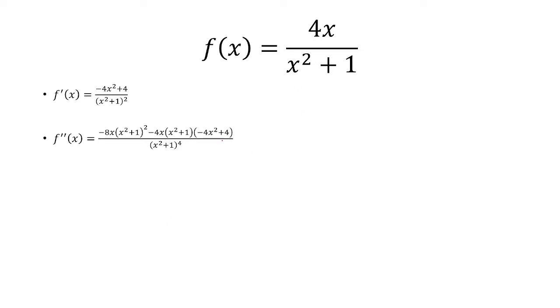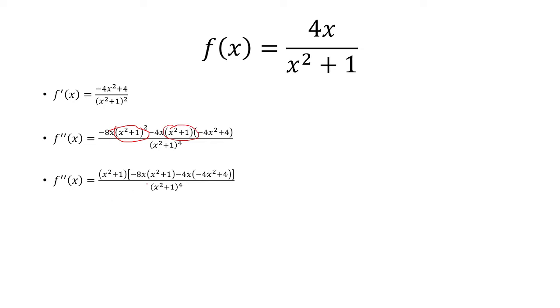Okay, now let's take the second derivative. For that, we have to use the quotient rule again. So take the derivative of the top, negative 8x, times the bottom, minus the derivative of the bottom, which is 4x times x squared plus 1, times the top, all over the bottom squared. Notice that each term has an x squared plus 1 factor.